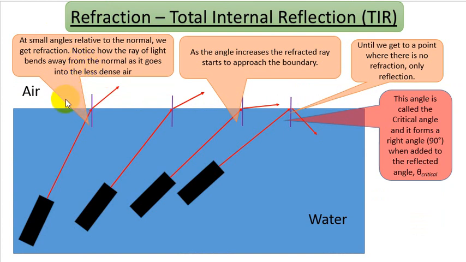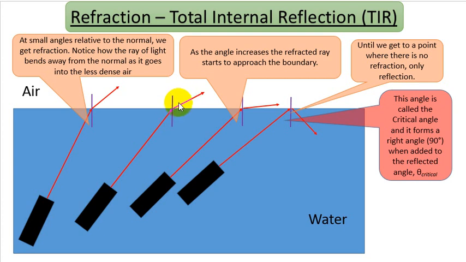Refraction, total internal reflection. In the previous slide I said that when the light travels from a more dense to a less dense medium, it bends away from the normal line. For example, in this case, when we increase the incident angle, for example from water, it is also bent away from the normal.